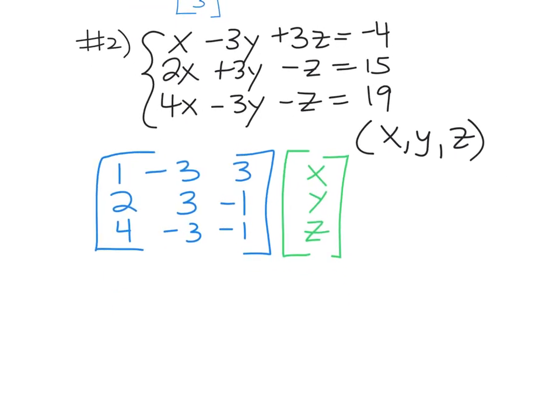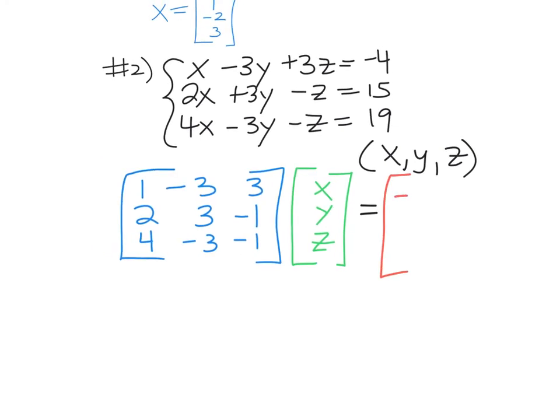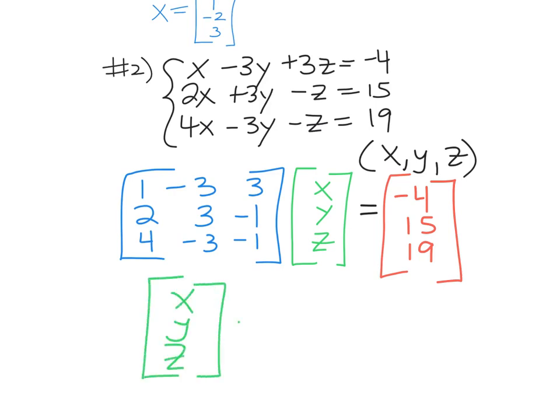And then this is equal to the constant matrix, which is what? -4, 15, 19. Okay. And then to solve for x, y, z, your calculator is going to do all this work for you. You're going to do A inverse times B.